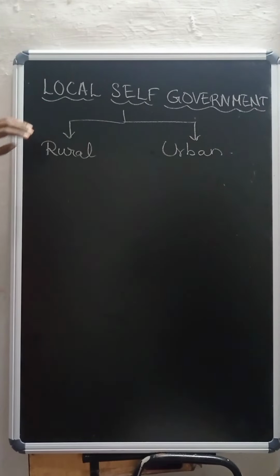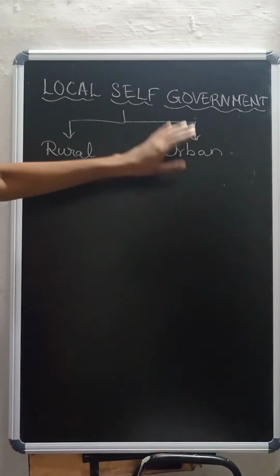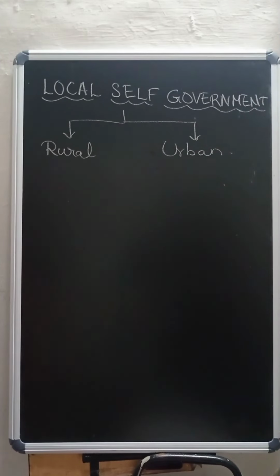So local self-government is divided into two types. In your next lesson you will be studying in detail about urban local self-government, and in this lesson you are going to study about rural local self-government.